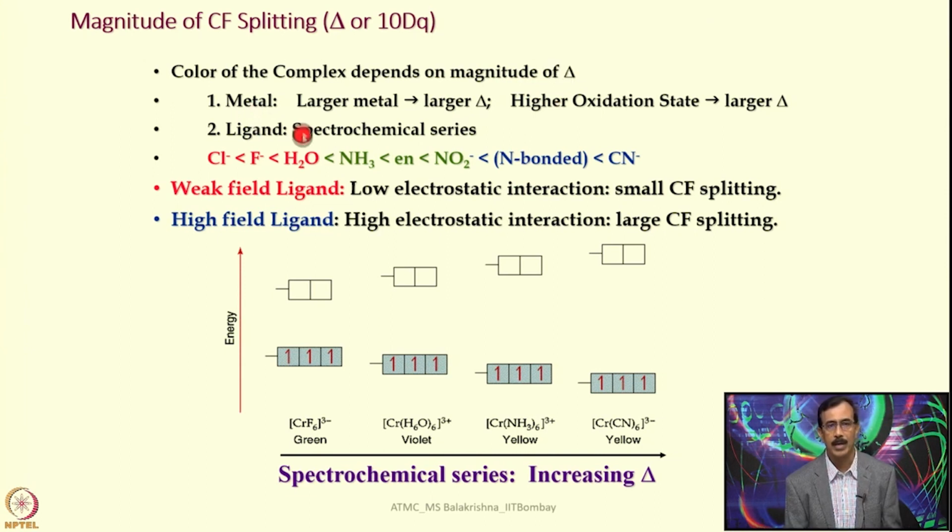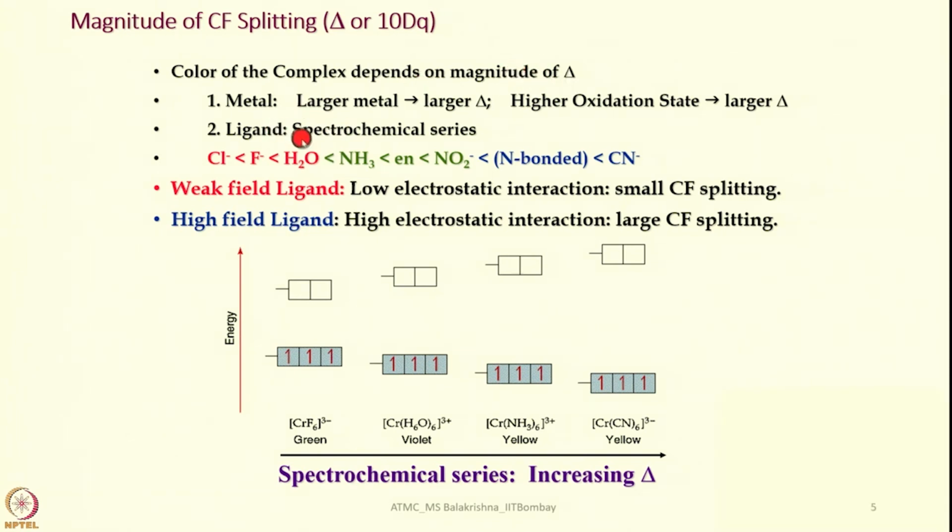When we consider a metal, larger metal, we expect larger CFSE, and metals with higher oxidation state will be having larger CFSE, and for understanding the color of the complex and magnitude of CFSE, we should look into the positions of ligands in the spectrochemical series, and this is a spectrochemical series for a few ligands.